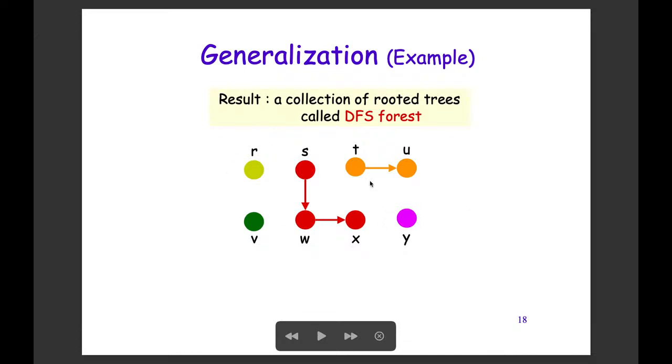This is a DFS forest because each one of them is a DFS tree. This is a DFS tree starting from S. This is a DFS tree starting from T after we have processed DFS on S. And these are the DFS trees of Y, R, V after we have processed the previous nodes.